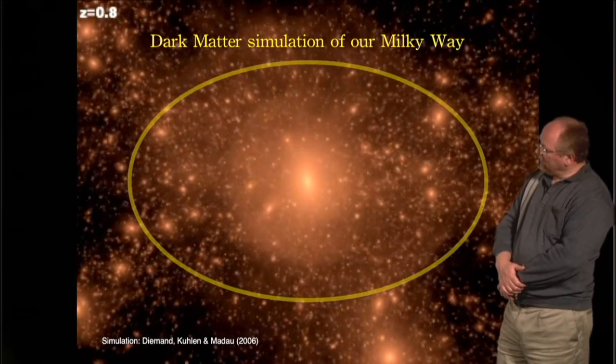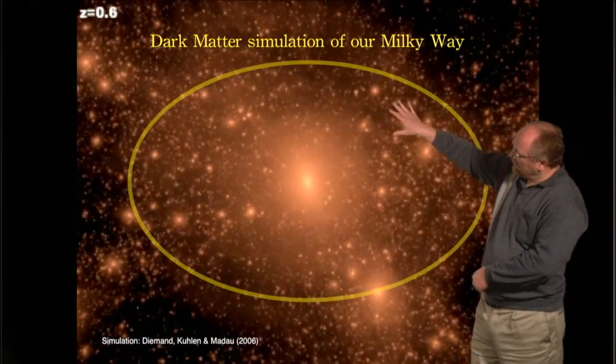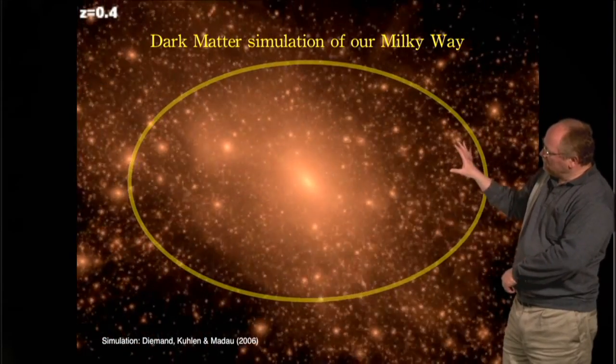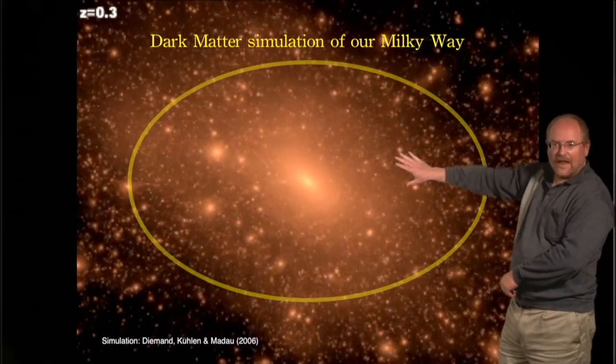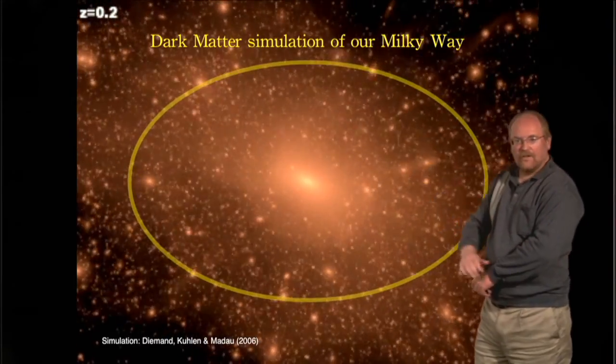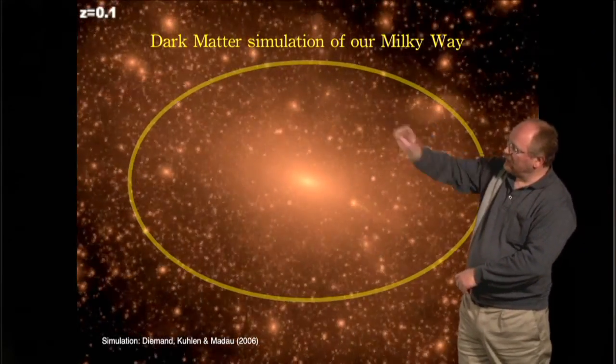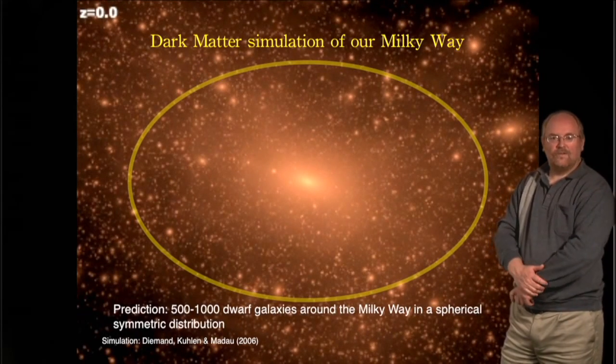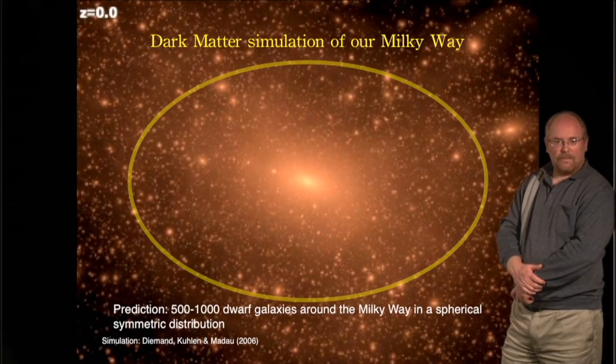So you can see here, initially a large number of these subhalos that form and merge together to build a bigger halo that forms right in the center. And over time, which is indicated here with the redshift, we have a system that we think looks very similar to our own Milky Way.